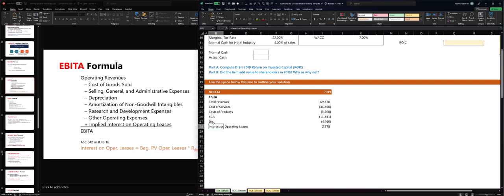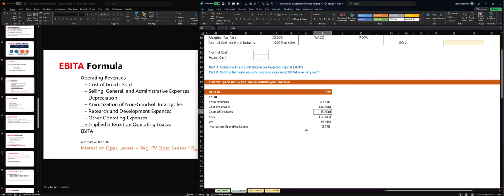Let me think for a second. Because before we had just the rent expense, right? And now we have interest expense and depreciation. This is assuming 2019 that it was recorded as rent expense, and it might be somewhere embedded right here or right here.